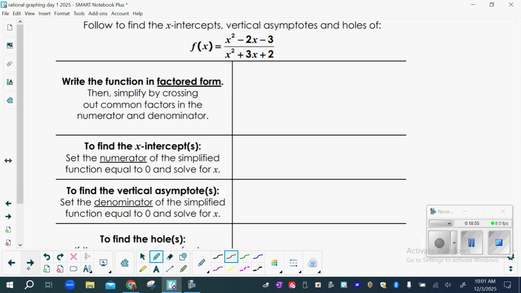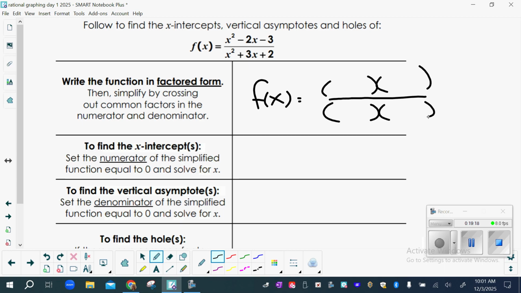The first thing I need you to do on all of these, step 1, we do not like it written this way. We like factor form. So with your neighbors, I would like you to write something over something and stop.